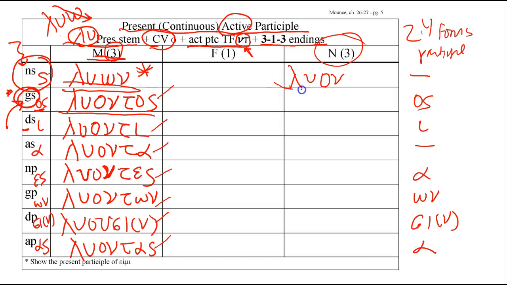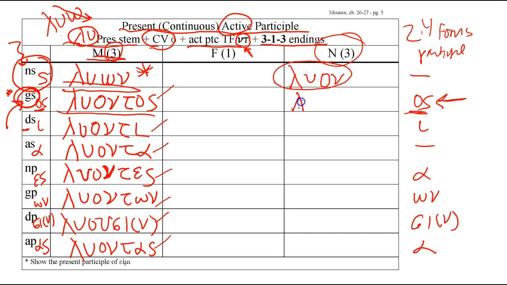And again, the nominative singular for third declension forms, whether they're participle or a noun, is always the irregular form. You really need to know what the genitive form is to see the stem for the entire paradigm. And so let's go over the genitive stem then.